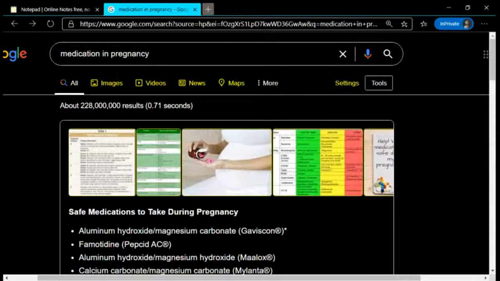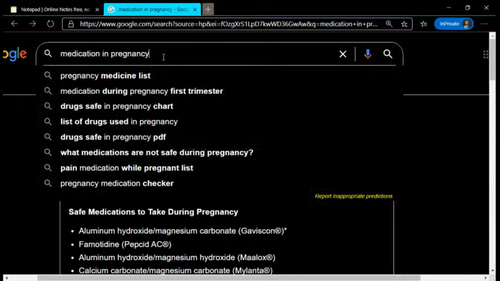Let's make this research and know about the medication in pregnancy: medication list, medication during pregnancy first semester, safe in pregnancy chart, lists of drugs used in pregnancy, drugs safe in pregnancy, and what medications are not safe during pregnancy.